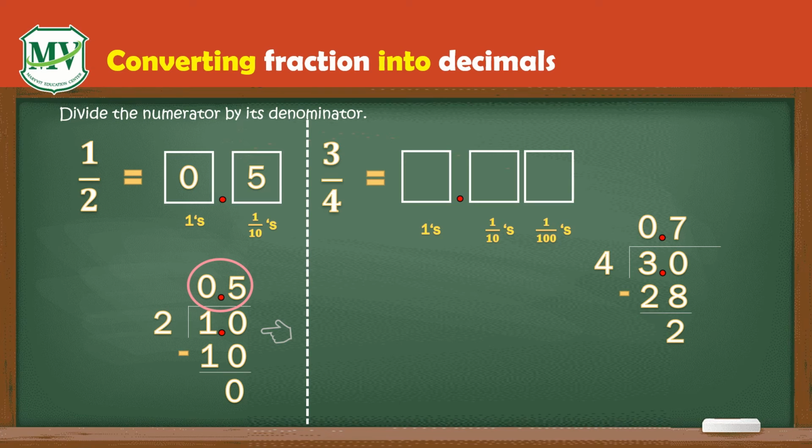We have a remainder, so we have to add another 0 and bring it down. We will have 20. 20 divided by 4 is 5. Write 5, and 5 times 4 is 20. 20 minus 20 is 0. Now we don't have any remainder left, and our answer is 0.75.